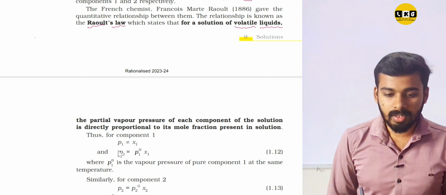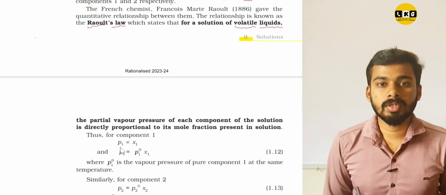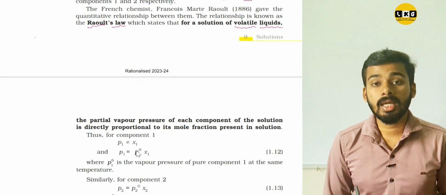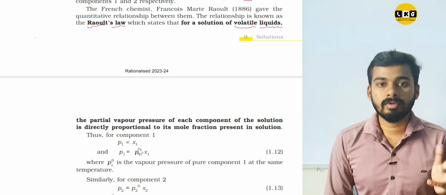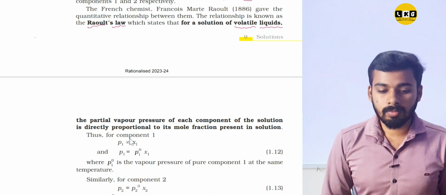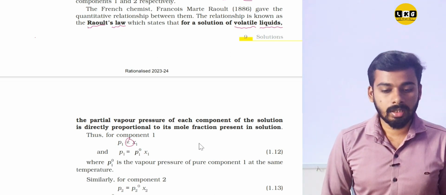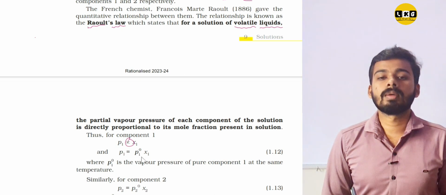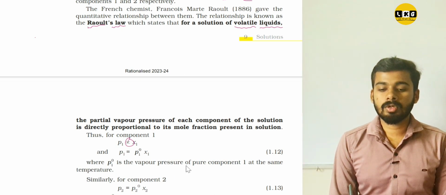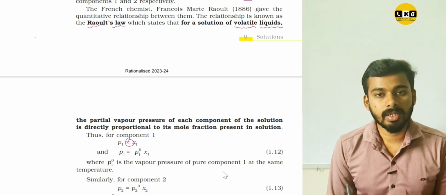That is, P1 is the partial vapor pressure of component 1. Therefore P1 is directly proportional to x1, where x1 is the mole fraction of component 1 according to Raoult's law. In order to remove this proportionality constant, P1 is equal to P01 into x1. P01 is nothing but the vapor pressure of the pure component at the same temperature.